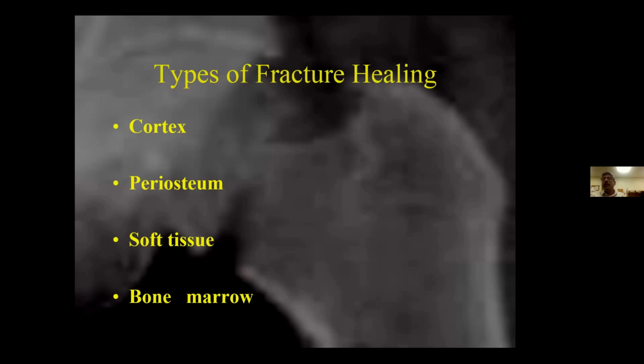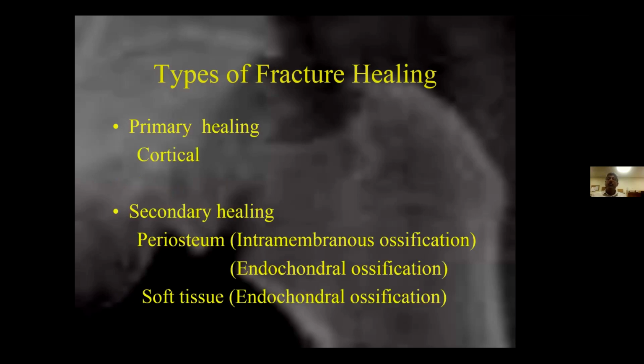And then say the most prominent, or what we discuss most of the time, would be cortex and periosteum. Then moving on, we say the types of fracture healing are also divided into primary, where the contributing factor is the cortex, so say it in that manner, and secondary, where the contributing factor is the periosteum and the soft tissues.